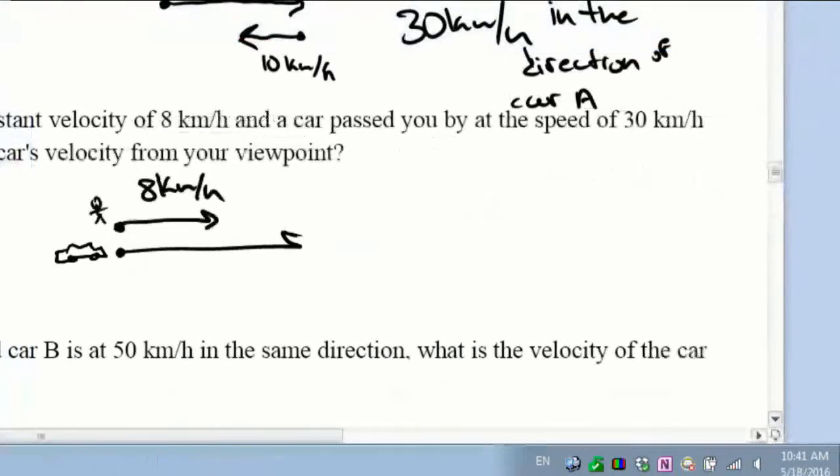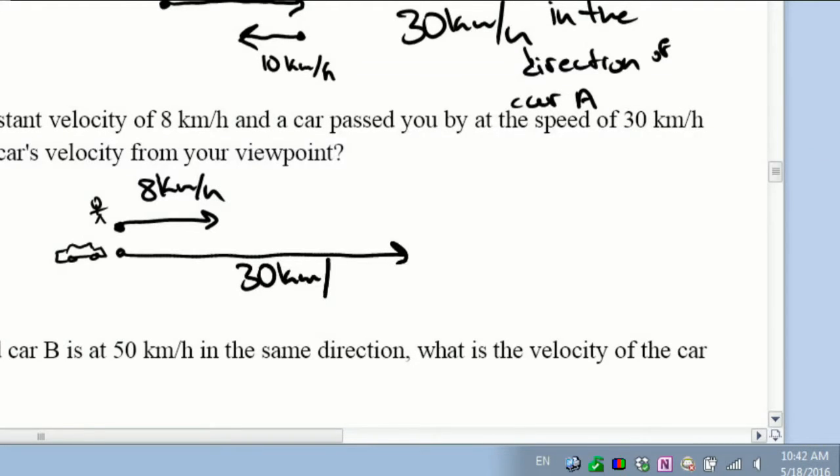And the car was going, let's make that bigger, 30 kilometers per hour. What was the car's velocity from your viewpoint?